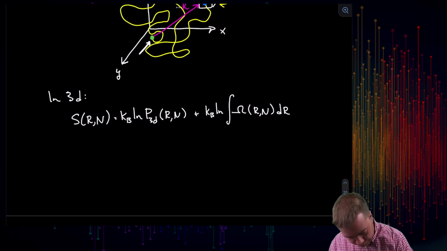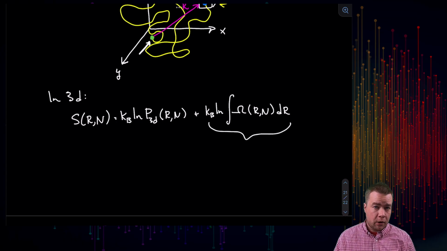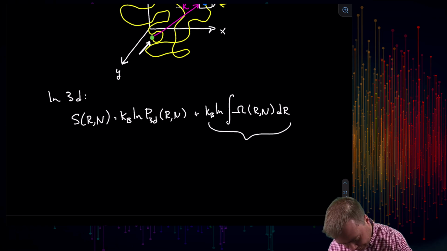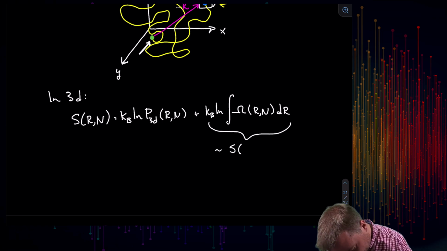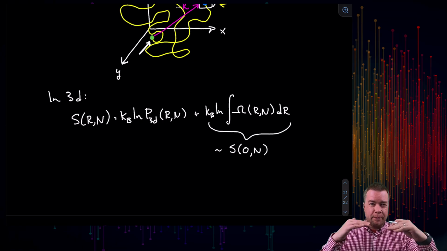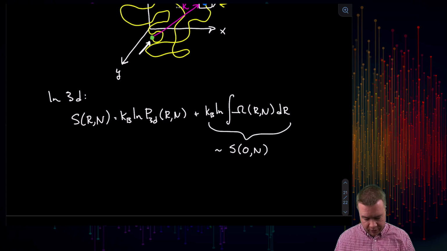Okay, so this thing here, if you notice, we're integrating out the r, so it's not going to depend on r. So this is kind of like, well, first of all, it is a constant. This is the entropy of a polymer chain that has 0 size and n monomers. It's kind of like the base entropy, is one way to think about it.